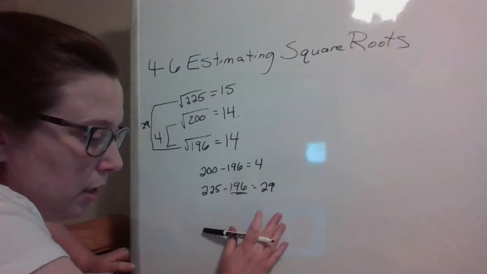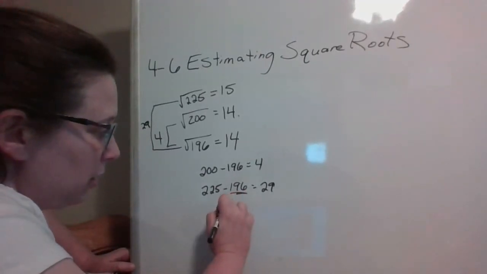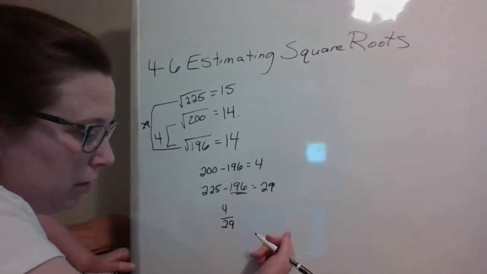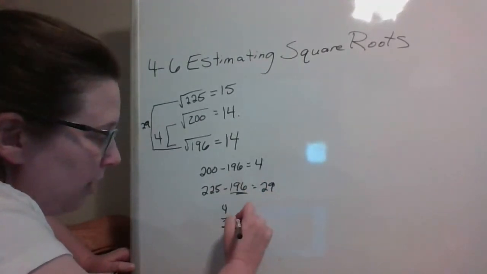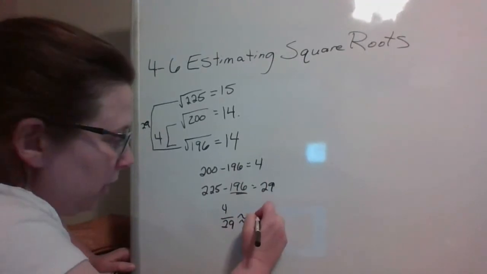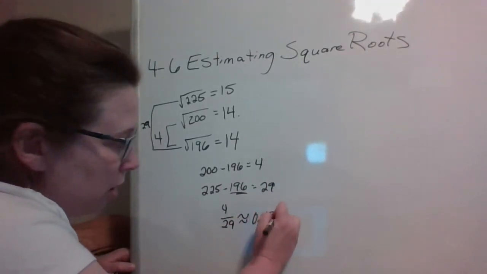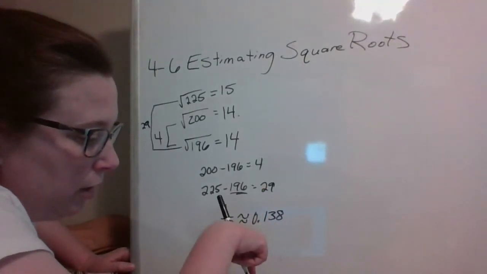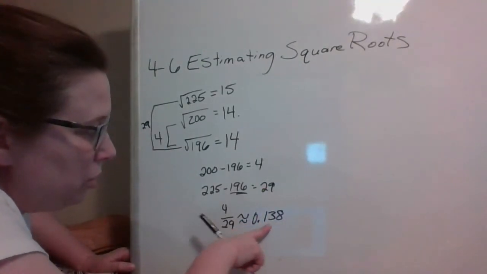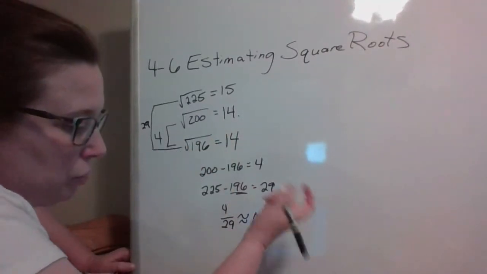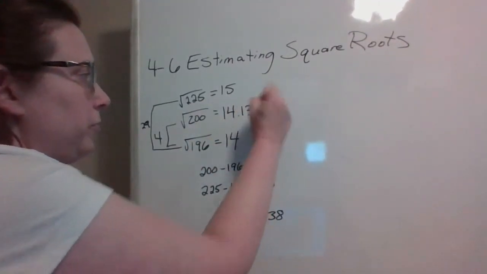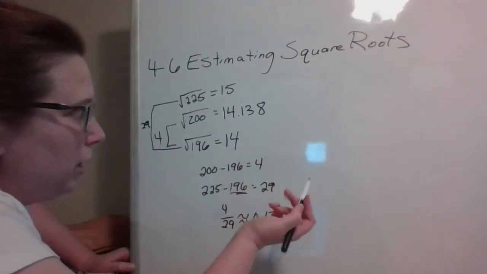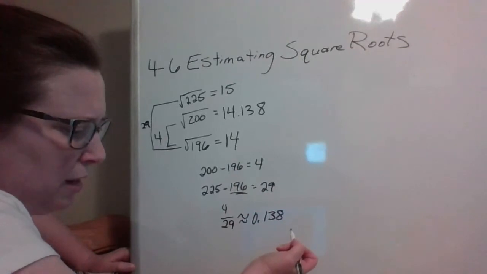The next thing that we're going to do is take those and turn them into a ratio, so 4/29. When we divide that out, 4 divided by 29 is about 138 thousandths. And then finally, you are going to add that 138 thousandths after our 14, and we get 14 and 138 thousandths.